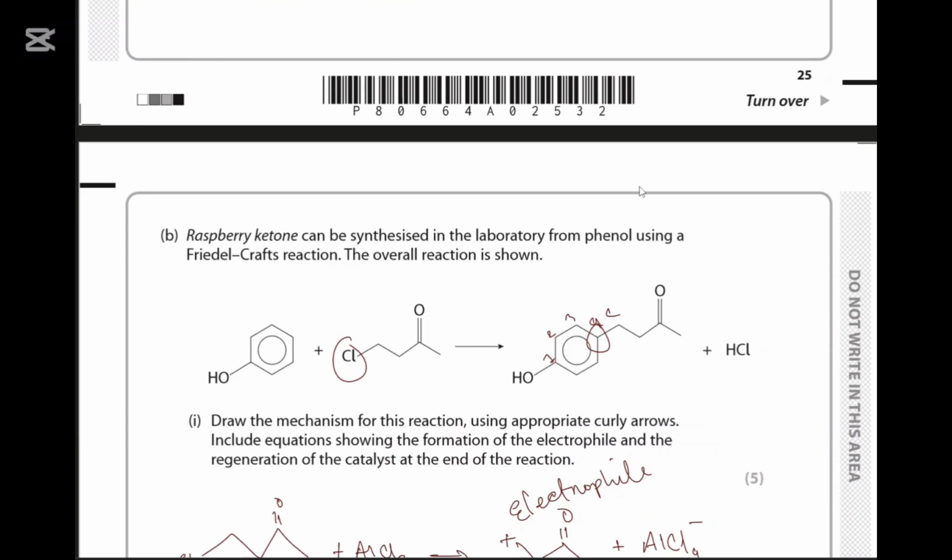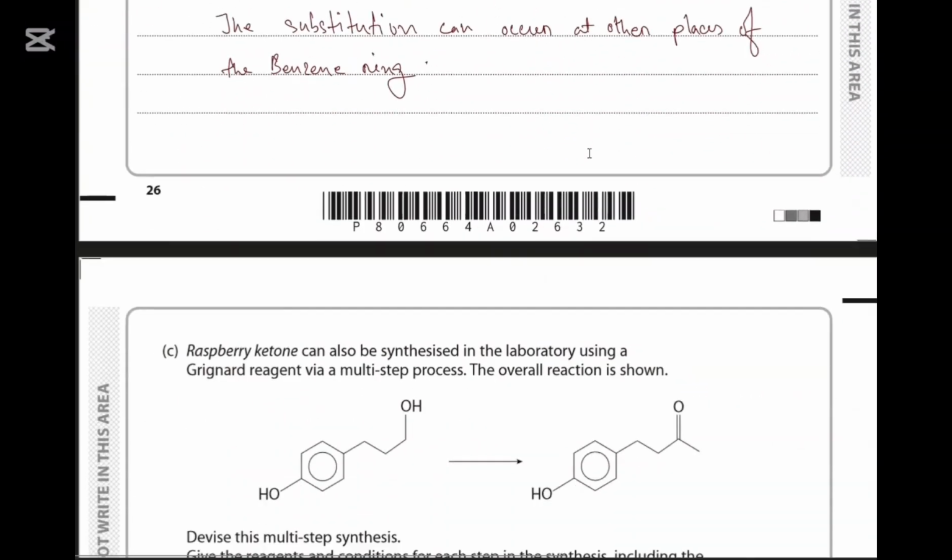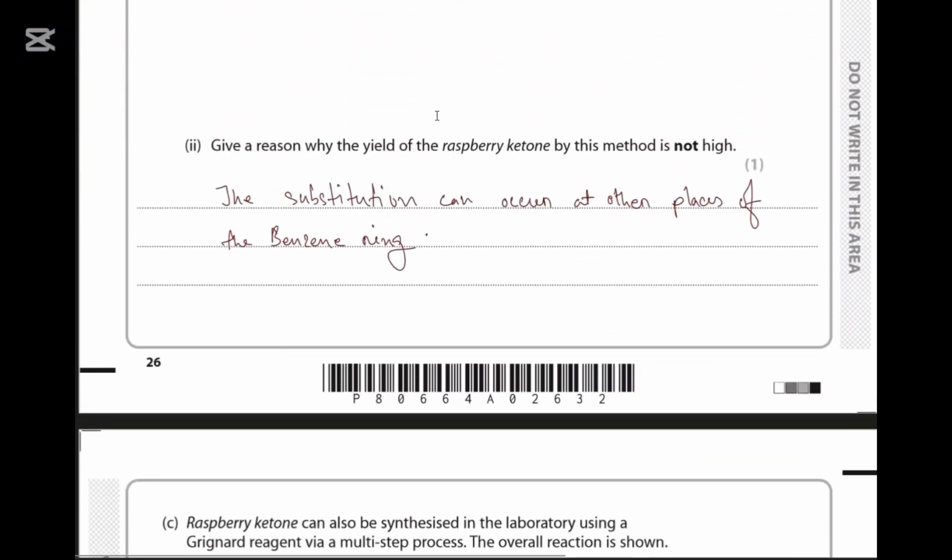But in this reaction, we cannot control where this bond will get added. So it could be in here, in here, in here, in here. So lots of isomers will form along with this compound, which is why it doesn't have a very good yield.